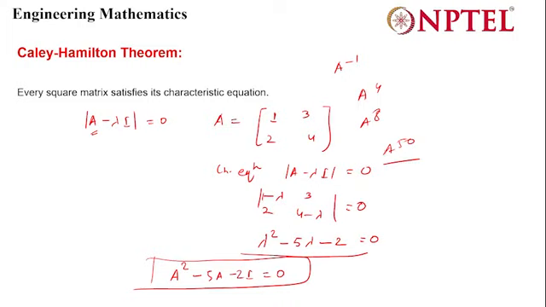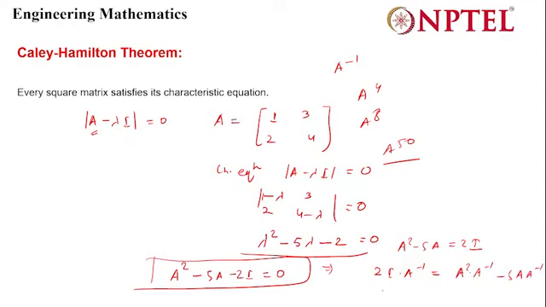Suppose this was your equation. So you can write this equation like A square minus 5A is equal to 2I. Then you can multiply this equation by A inverse. Then 2I into A inverse, A square A inverse minus 5A A inverse.